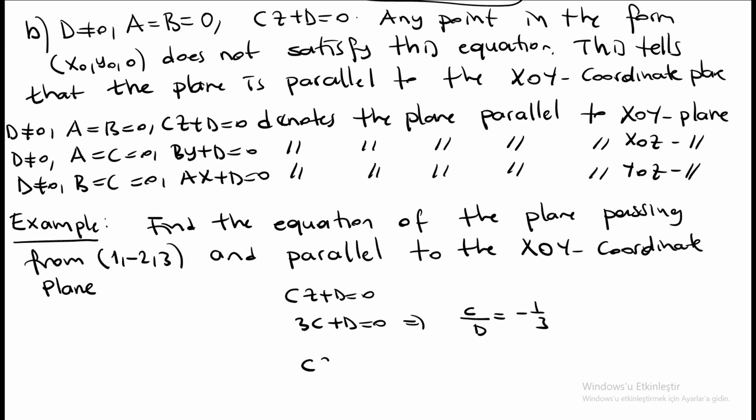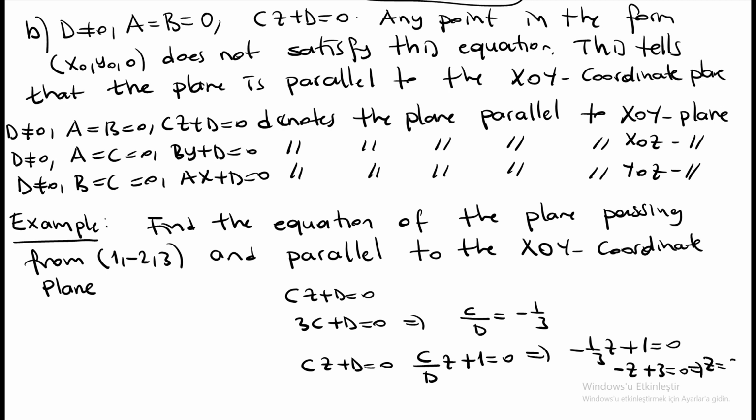So then, if you write this plane in this form, C over D Z plus 1 equals 0, then -1 over 3 Z plus 1 equals 0, or -Z plus 3 equals 0. Or simply, Z equals 3. Okay? So this is the plane.